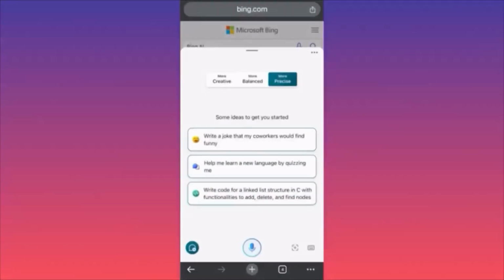So in this particular example I want to show you, all you have to do is click on the lower right corner where you see the small keyboard sign.